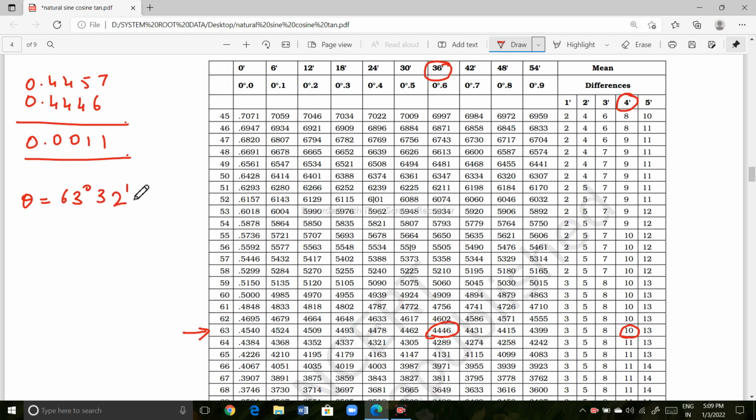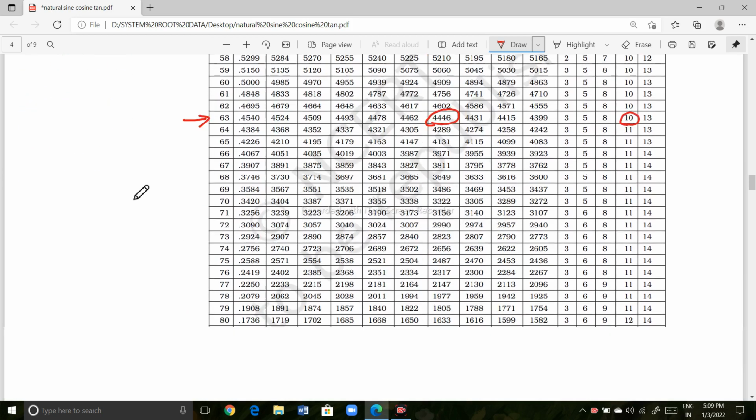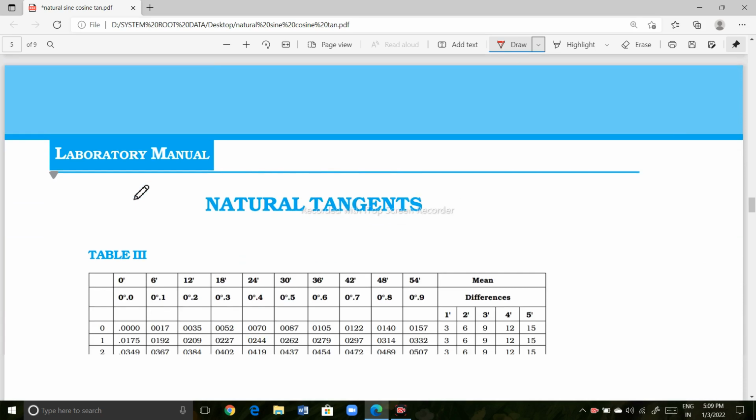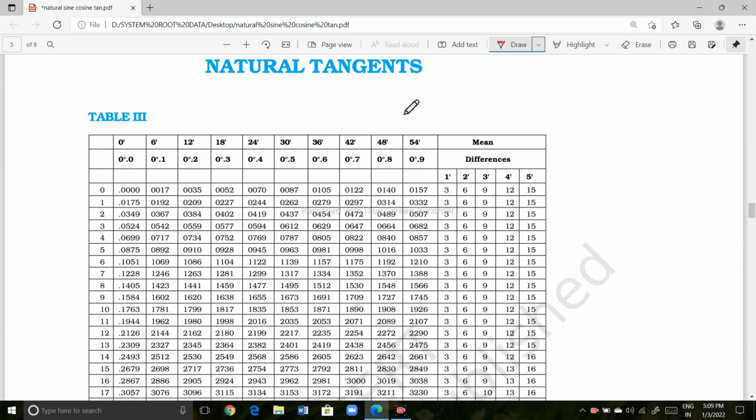Okay. Now let's check one more question based on tan. So let's go to natural tangents. Now let's say again we have a similar question which says given tan theta is equal to 0.8516. Find theta.